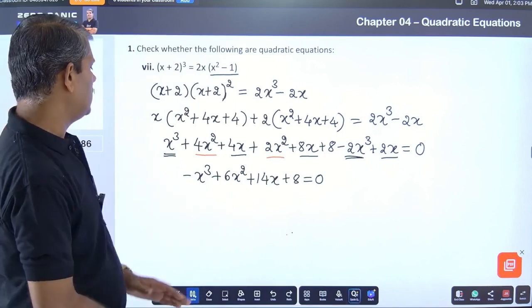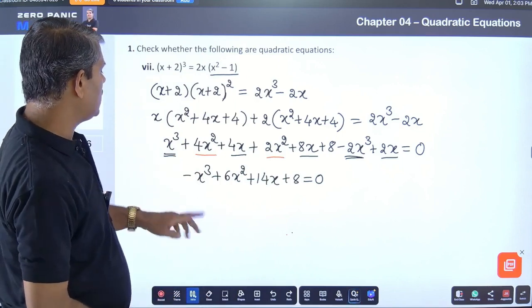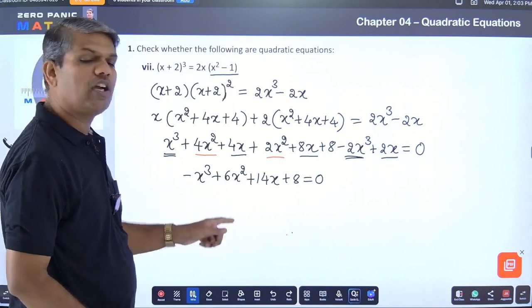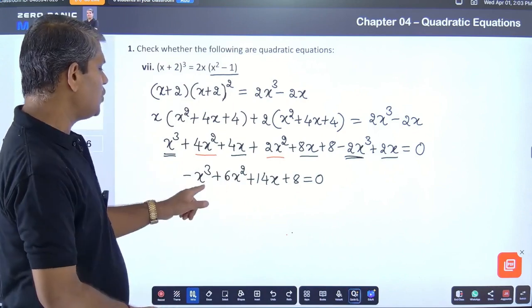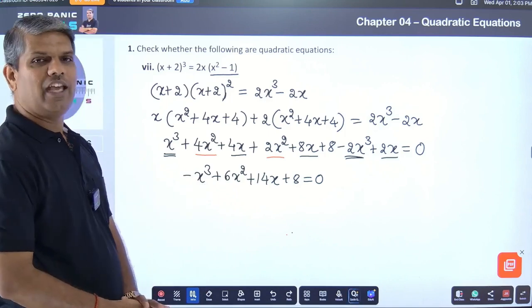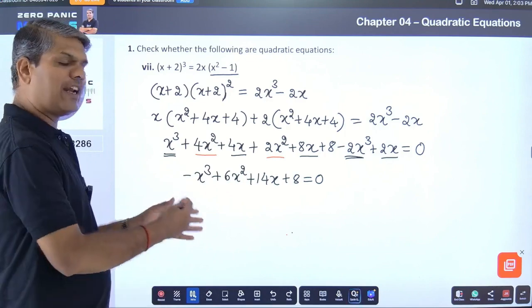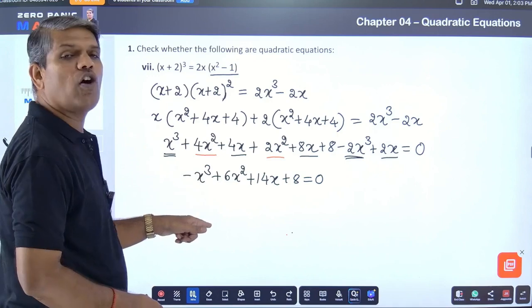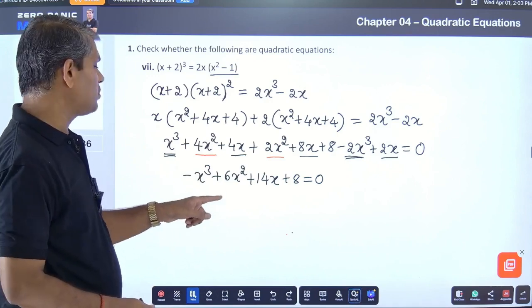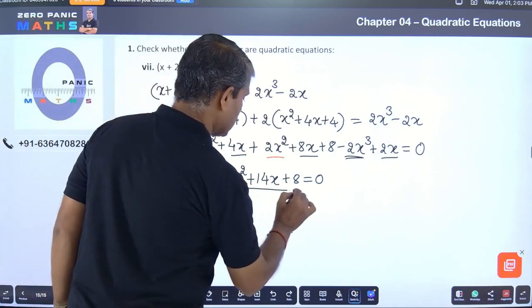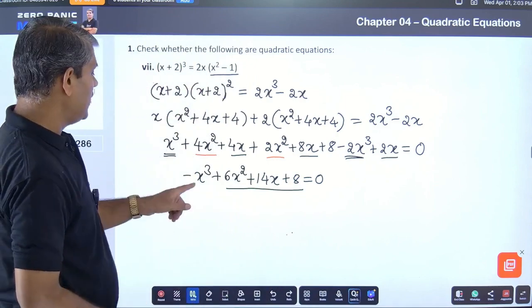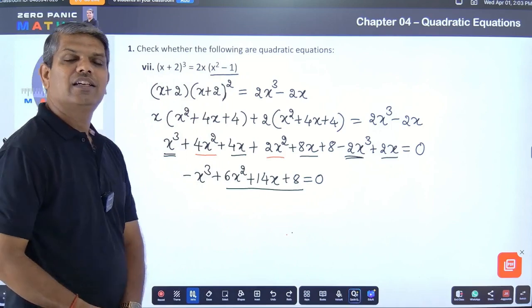This is fine, because anyway if you resolve this by multiplying, or taking out something common also, the x cube term is going to be there. So since it is not in the form of ax square plus bx plus c, though there is ax square plus bx plus c here, x cube is another term.